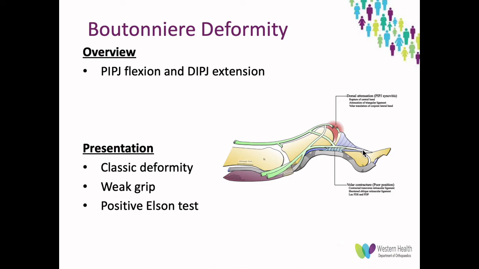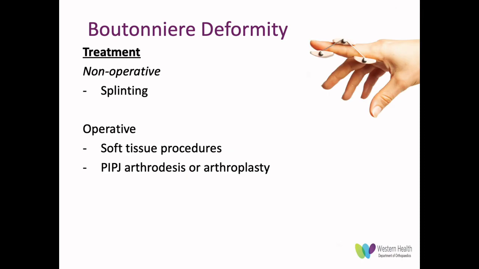The subluxation of the lateral bands in a volar direction can contribute to PIP joint flexion as well, while tightened oblique retinacular ligaments lead to hyperextension contractures distally. These patients have a positive Elson's test, as we saw in the video.